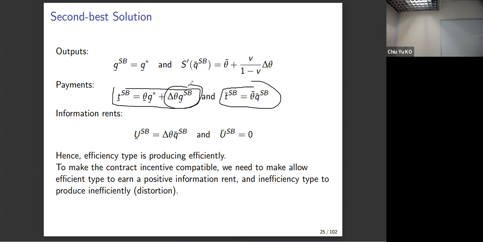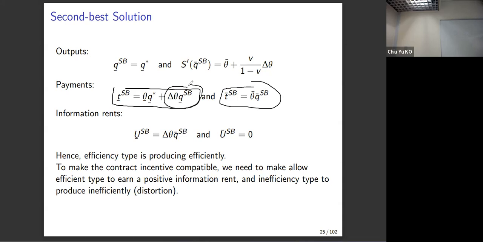But if you're an efficient firm, you get some rent. Why? Because the efficient firm can pretend the inefficient one, but not other way around. Right? The efficient one can always do whatever the inefficient firm do, right? So that's why inefficient firm can earn zero profit there, right? I make the inefficient earn zero profit.